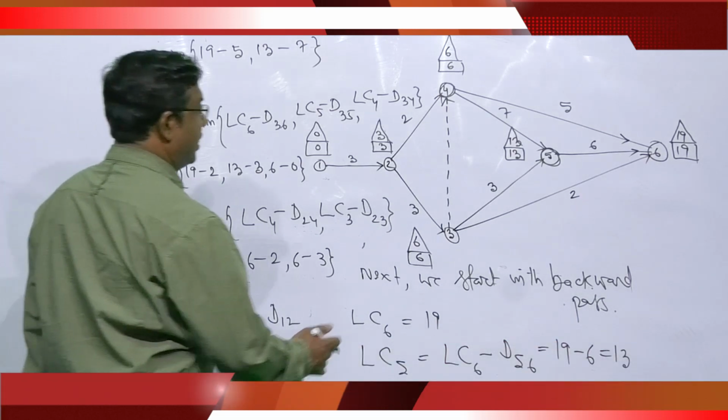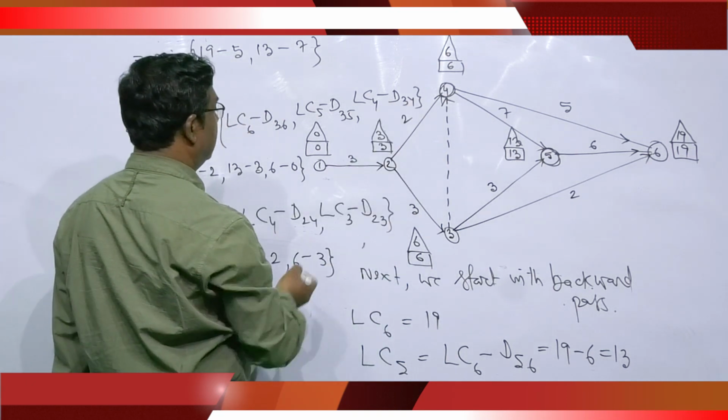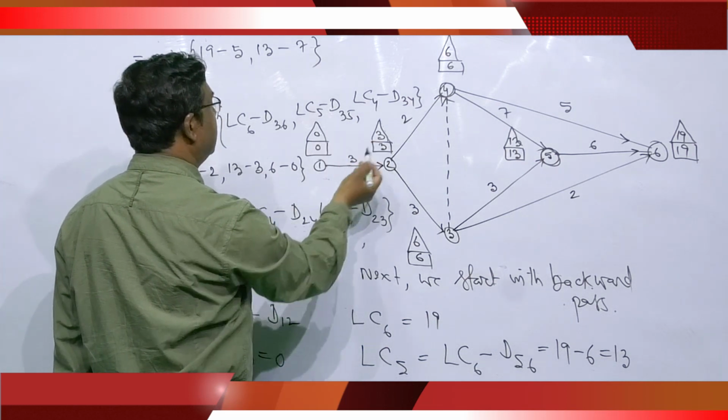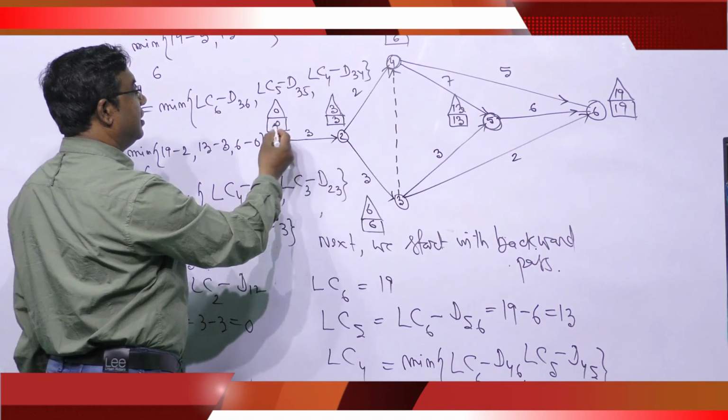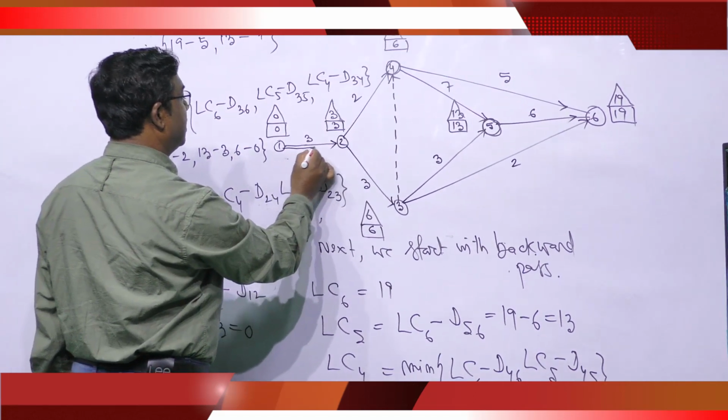Now we have to check the critical path. Here we check the difference: 0 and 3, 3, 0, 3, 3. The difference is equal to this 3, so we draw another line.